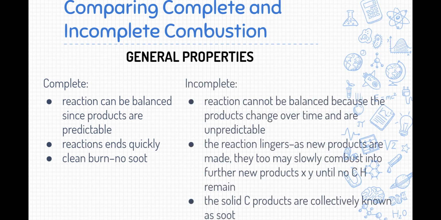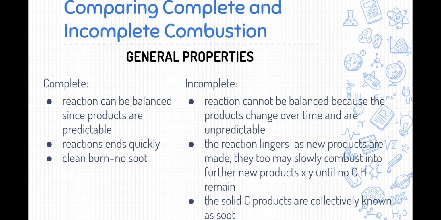For an incomplete combustion, we cannot balance it because the products are variable, unpredictable, and they change over time. The second property is how long the reaction takes. And the way I think about an incomplete combustion is a campfire.